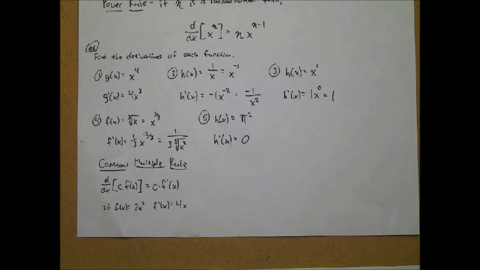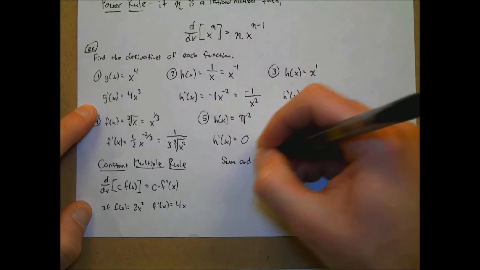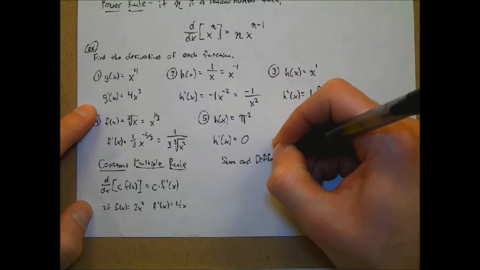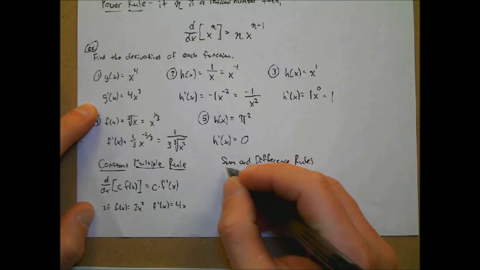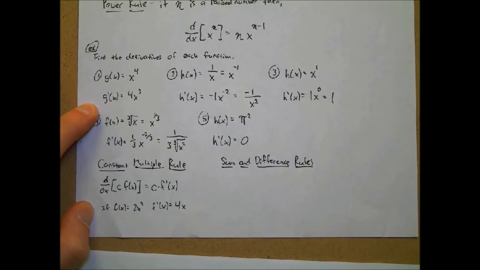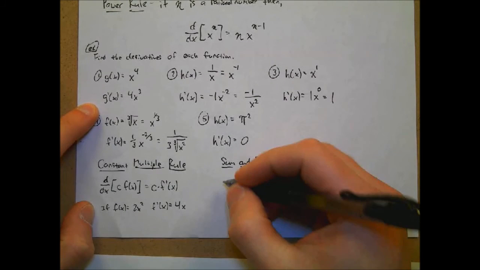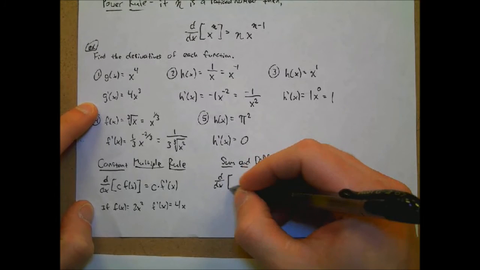Okay, we also have the sum and difference rules as well. Okay, and we'll stop after this rule right here. The derivative with respect to x, I'm going to put them both together simultaneously here.